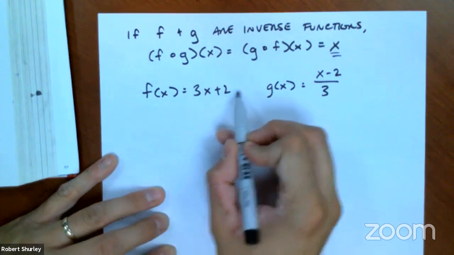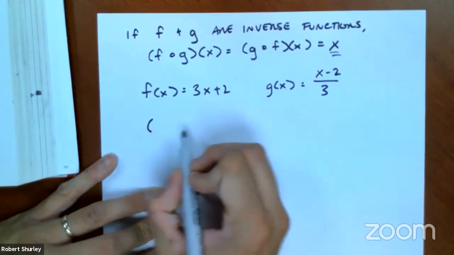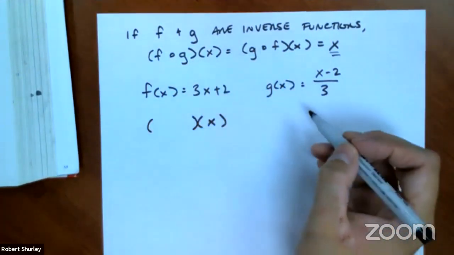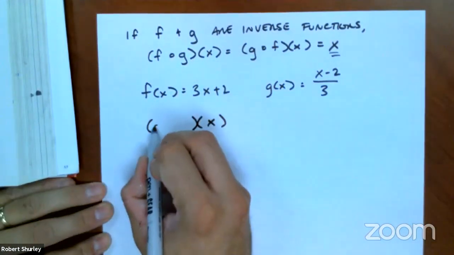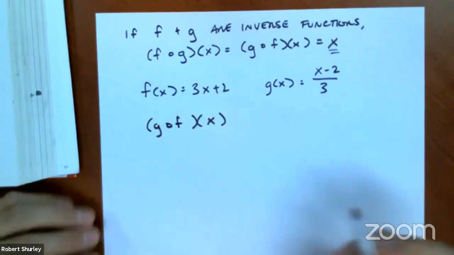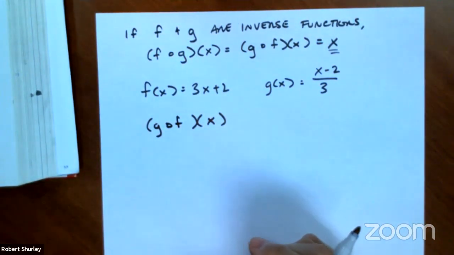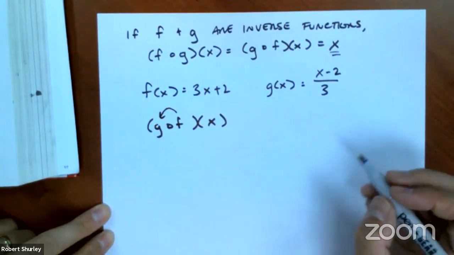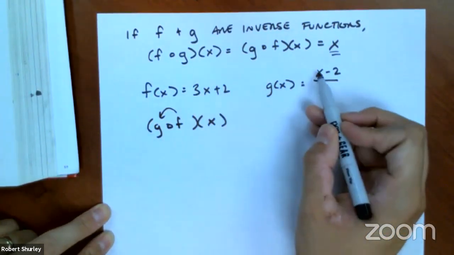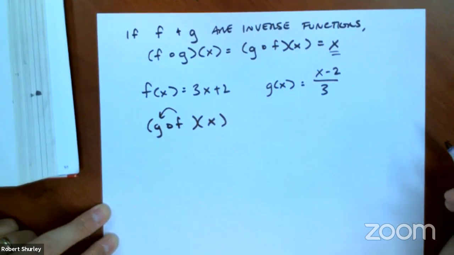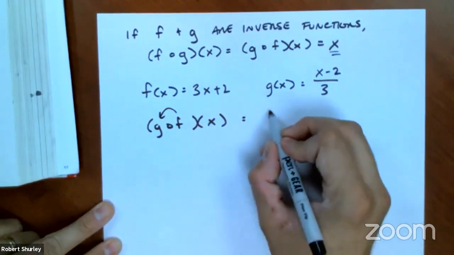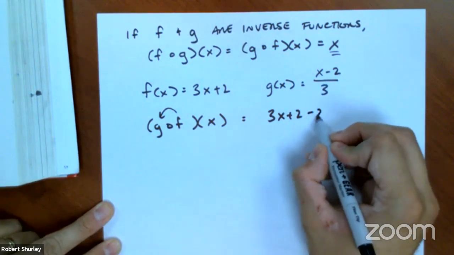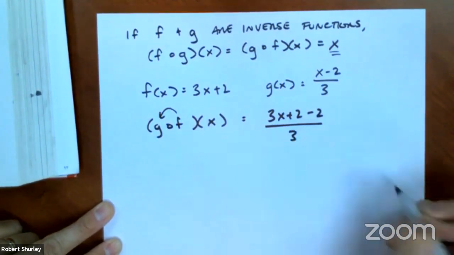So if I want to plug f into g, I've got to write it correctly. If I want f to go into g, that means the f has to come second. G composed of f. Remember, this means I put the f into the g. So I'm going to take this function and plug it into the g function. This winds up being 3x plus 2, that's the x value, minus 2 all over 3.